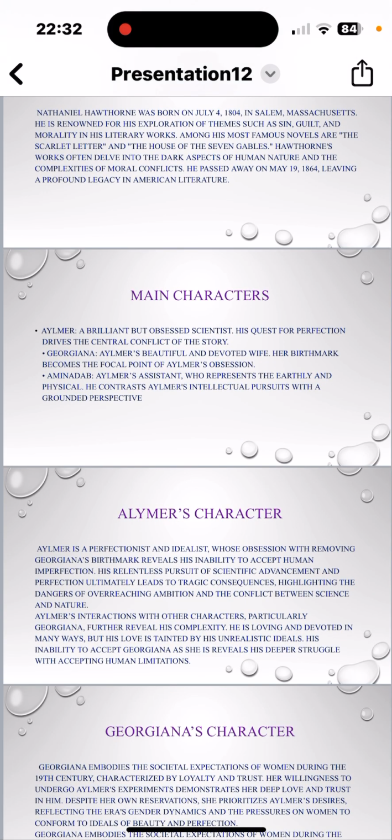So we have the main characters in slide 3. We have Aylmer. He was a brilliant but obsessed scientist, pretty much into scientific things. We have Georgiana, Aylmer's beautiful and devoted wife, and Aminadab, Aylmer's assistant, who represents the earthly and physical.